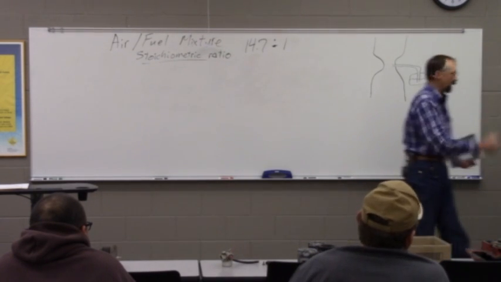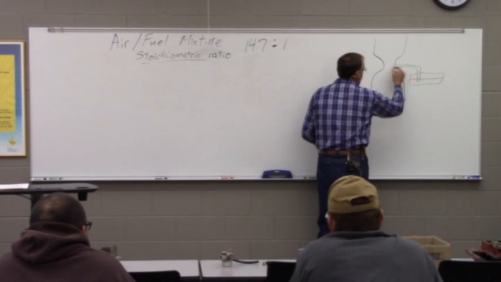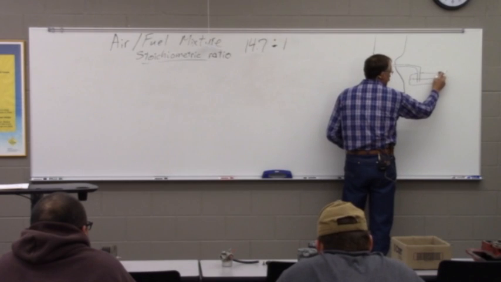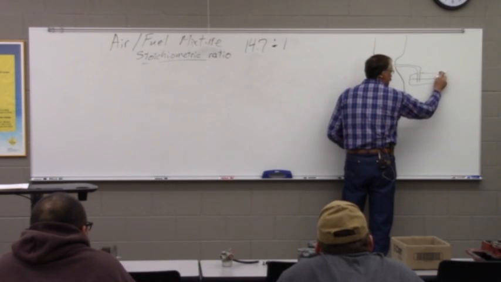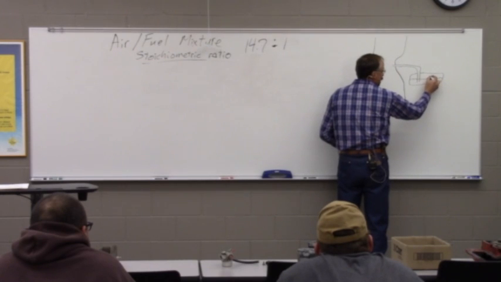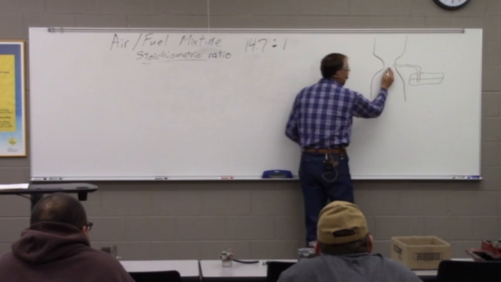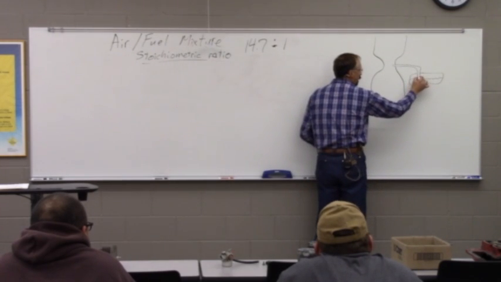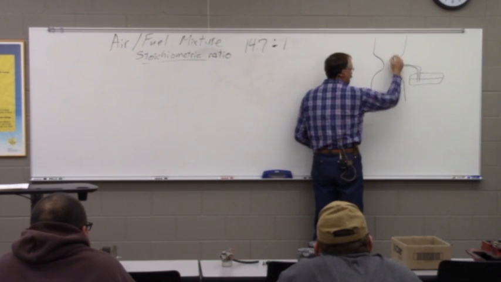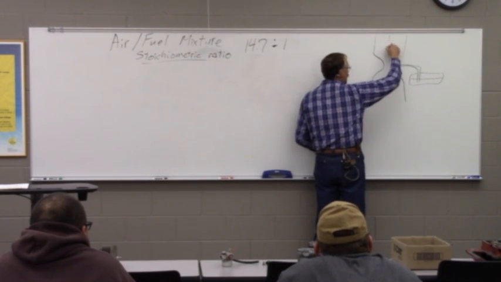We're going to suck fuel out of this. We've got lower pressure here than, and I guess to be perfectly accurate, there would be a vent here. So there's atmospheric pressure here in this fuel bowl, and we've got low pressure here, so we're going to have fuel flowing this way.